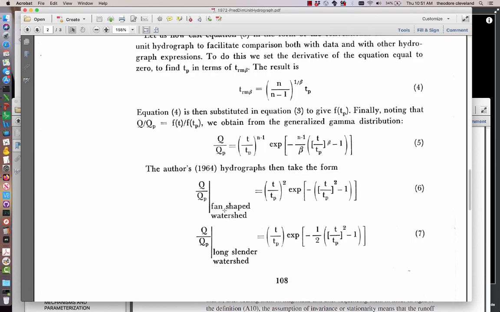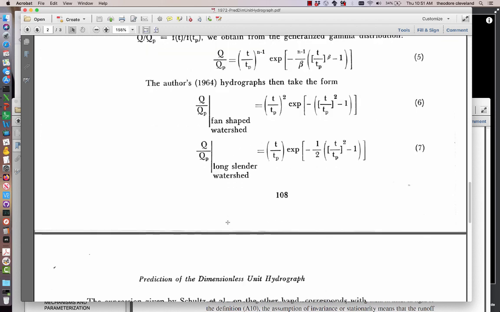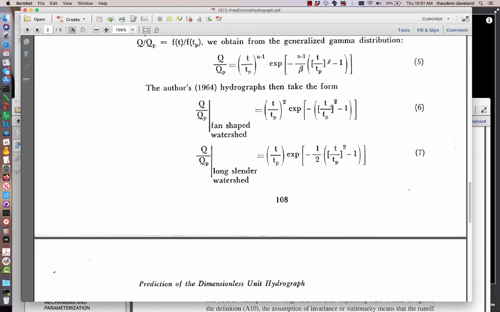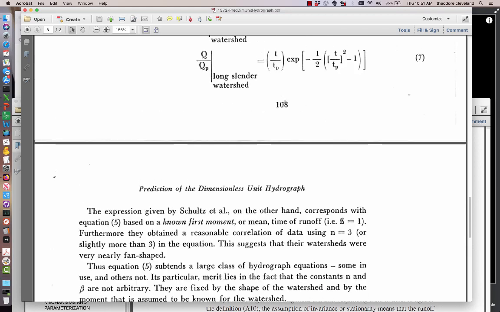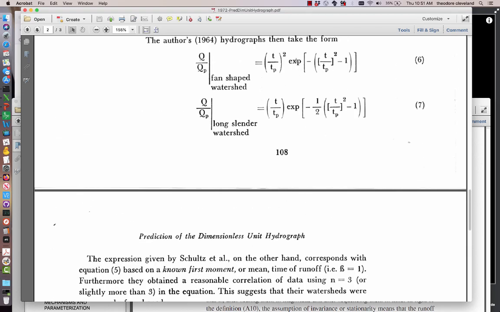Here he has his hydrographs for fan-shaped and long slender. For what it's worth, we'll find out that the exponent on the pre-multiplier is what changes due to shape. And on real watersheds, real data, sometimes these numbers are quite a bit larger than 2. I mean, 9s, 10s. So his original conjecture that shape played a role was correct in the sense that it affected the exponent on these first numbers.